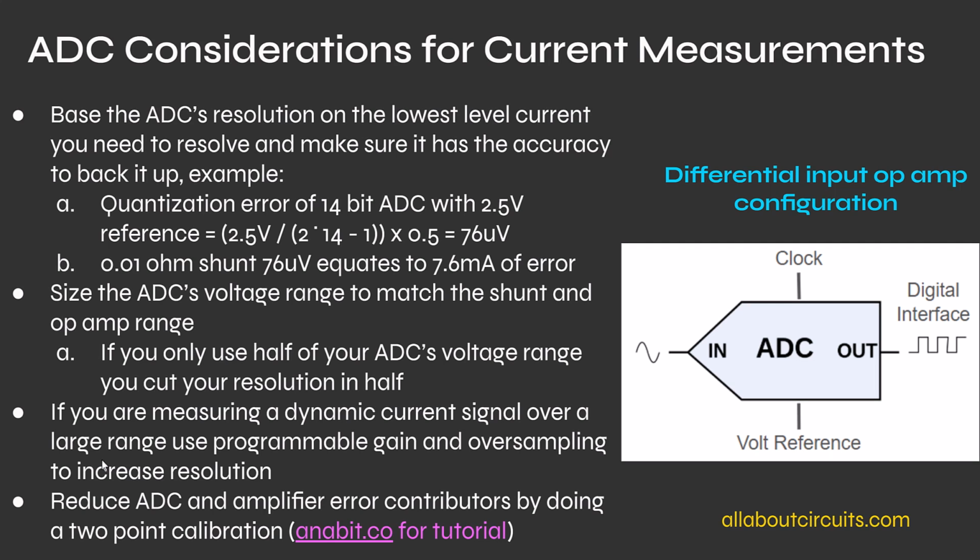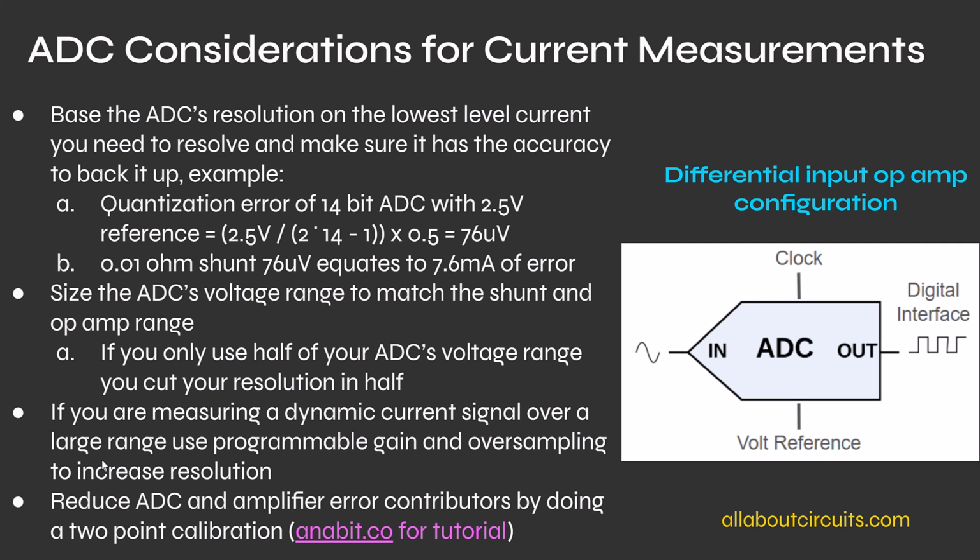The other thing you want to make sure you're doing is matching the voltage range going into your ADC to your ADC's voltage range, right? And that's where having a gain amp, setting your op amp gain, and choosing the right resistance shunt comes into play.